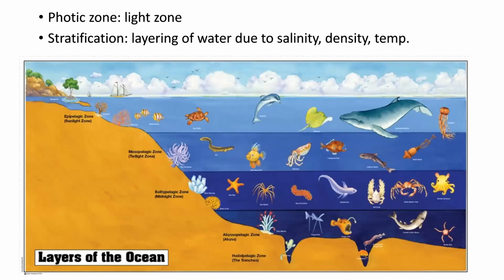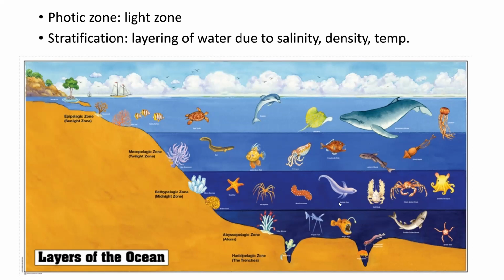And then with the marine environment, we do have distinct layers. And with these layers, we're going to see differences in temperature, salinity, so the amount of salt dissolved in that water, the density of the water, and it's also going to be affected by the amount of light that's present. And if you just think about it, as we move further and further down in that water, we can see it in this picture.